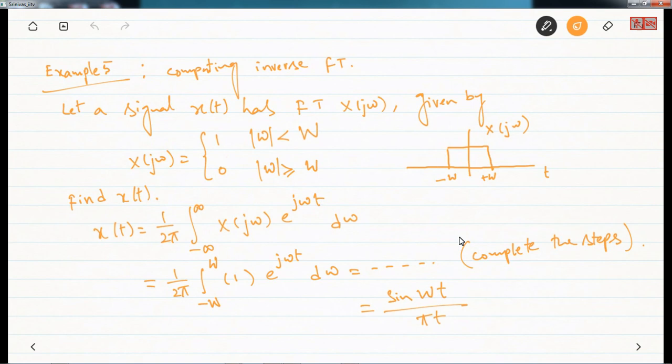So we'll give a name to this special signal. So we define the sinc function.